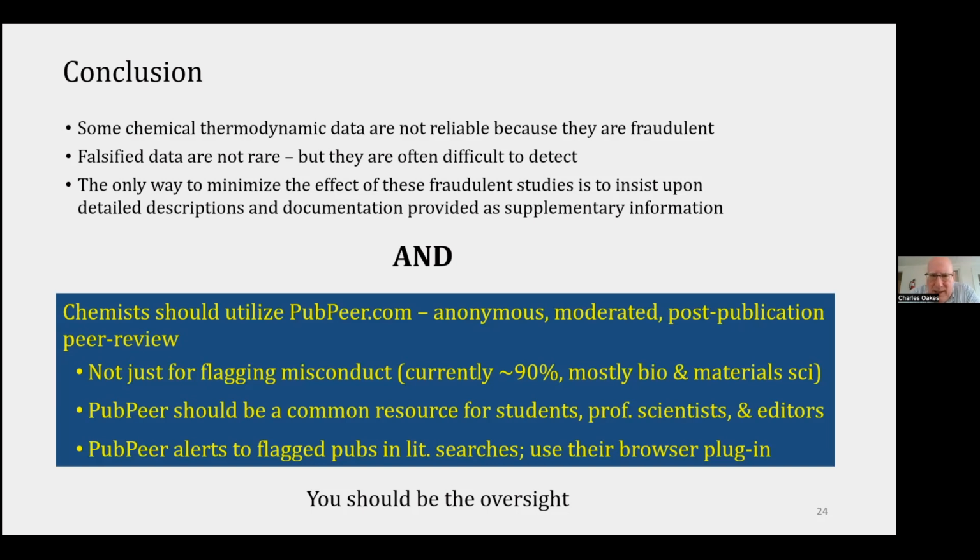But it is a way where experts in a particular field can, if they see flaws in a published paper, pick them out and post them. And if you're afraid that this may hurt you during your own peer review processes on grants and publications, you can do it anonymously.